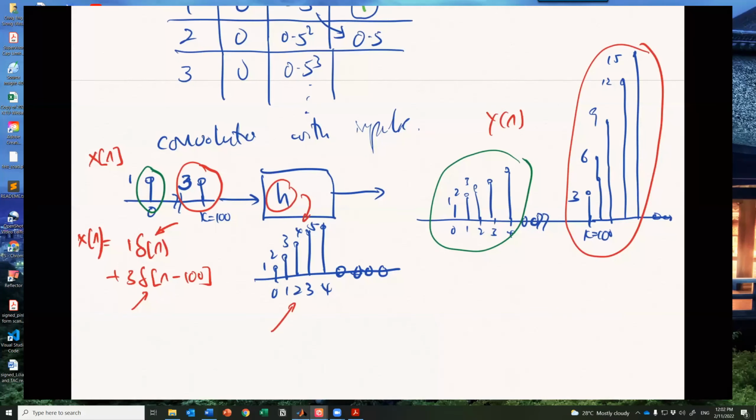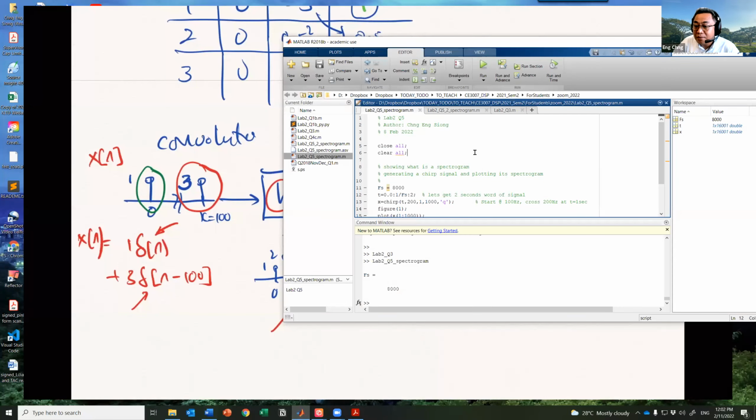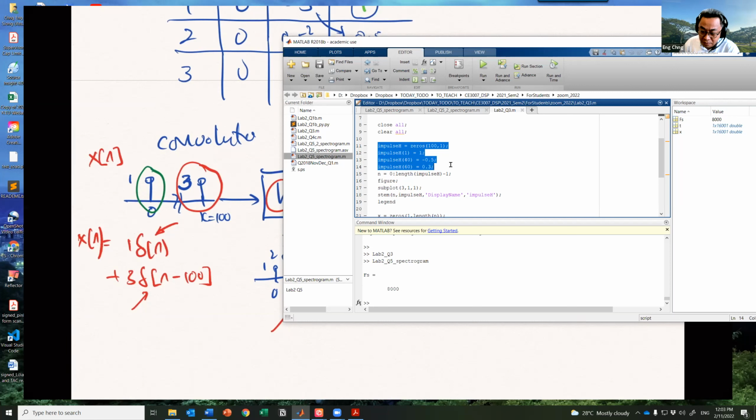Okay, so now, if you understand this, I'm going to do question 3. Instead of looking at my code, I change the question a little bit. I have an impulse response that looks like this. What did I do? Can you all think?